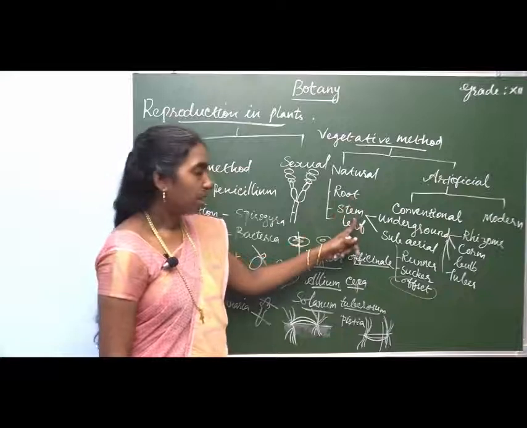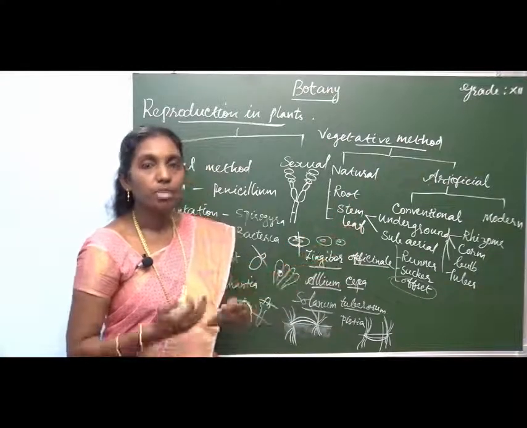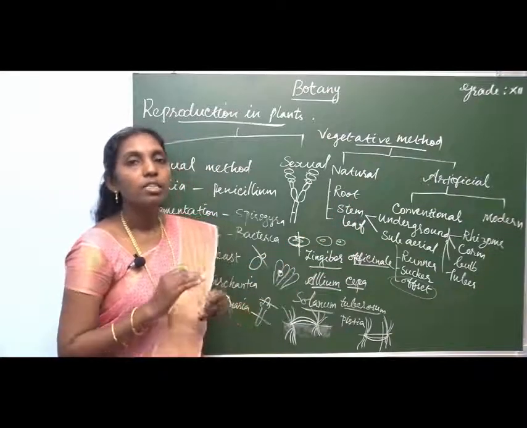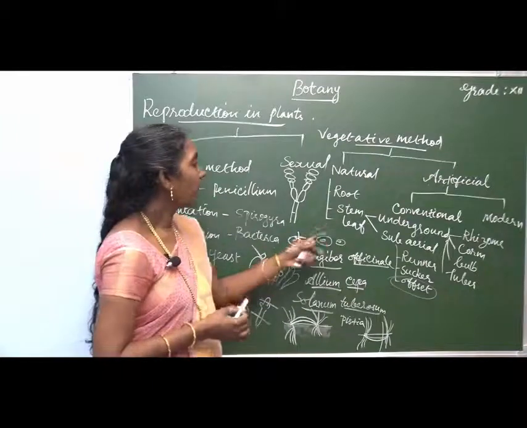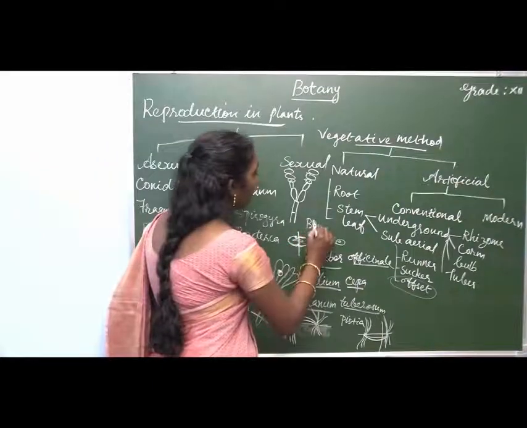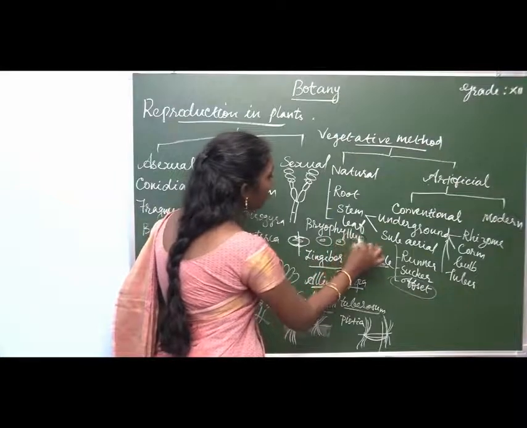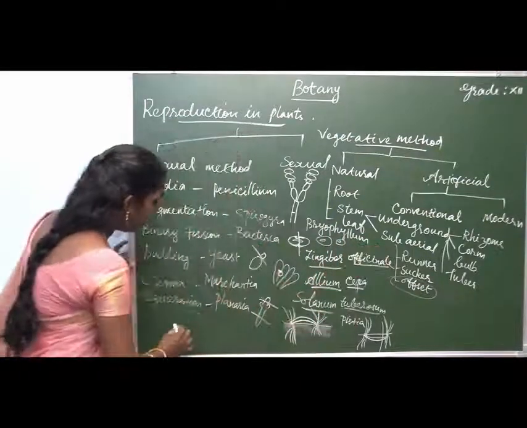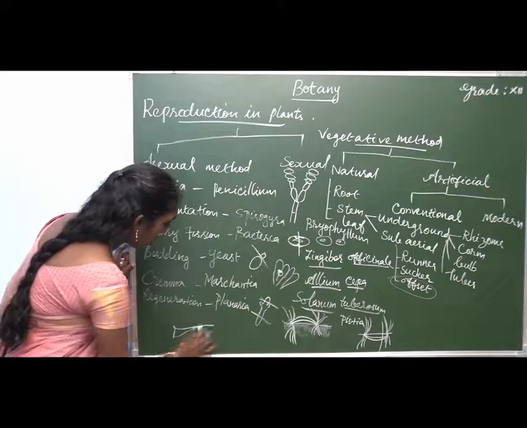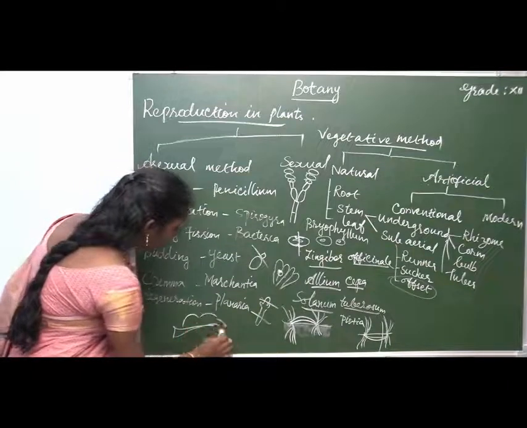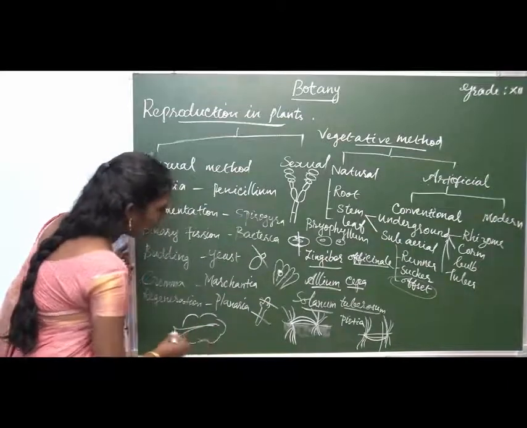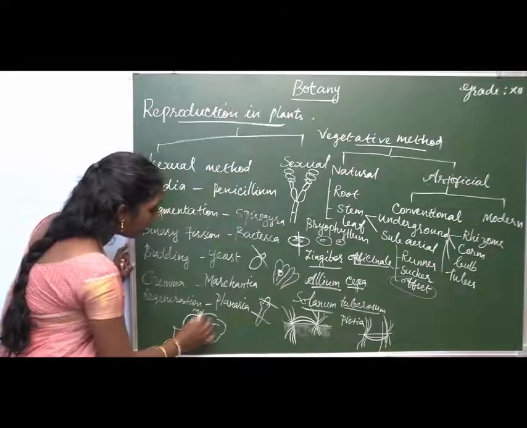So, root, stem as well as the leaf. In certain plants we may see that the leaf part propagates, one example is bryophyllum. In bryophyllum, the leaf produces adventitious buds in its margin.